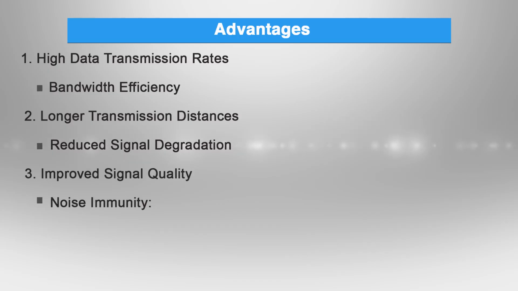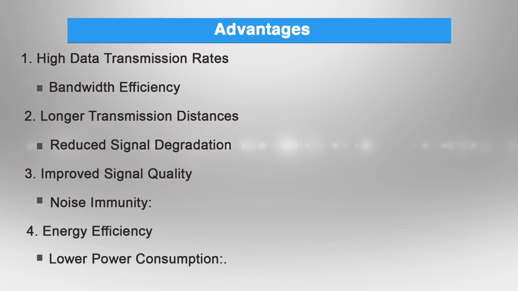Third advantage is improved signal quality, which means noise immunity. Optical modulation techniques can improve the signal to noise ratio, SNR, making the system more resilient to noise and interference. This results in clearer signal transmission and reduced error rates.